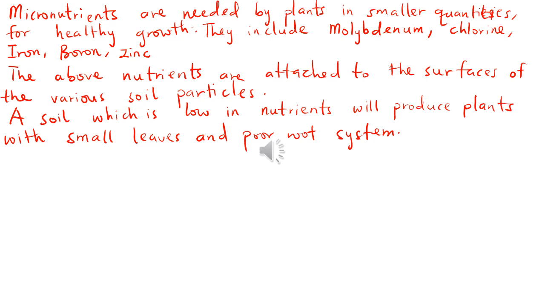So there are some plants, you know from literature, that when you plant them, you are supposed to have bigger leaves. Your root system is supposed to be on point, but the plant is not showing those characteristics. It means that the soil is lacking some nutrients, and you have to correct that deficiency.